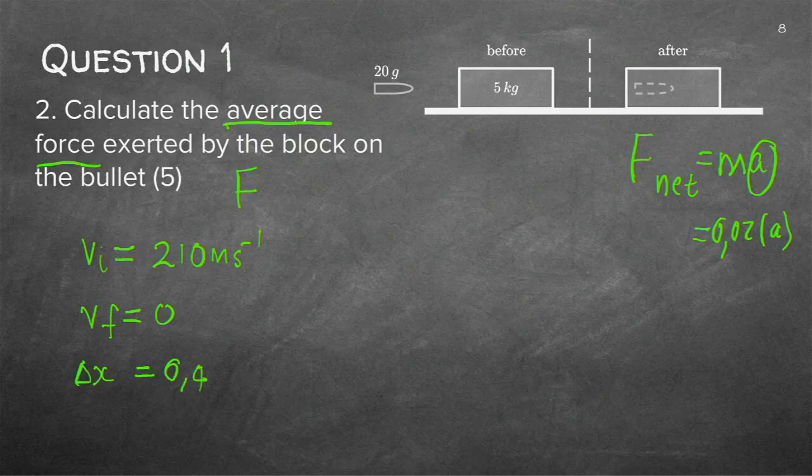Go to your equations on your information sheet and see if there's anywhere where you can calculate the acceleration. I see this would give me a good way of getting the value, with delta x, and let's just see. I've got the final velocity 0.